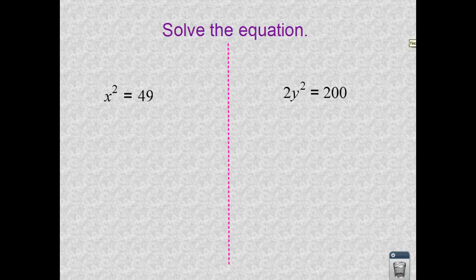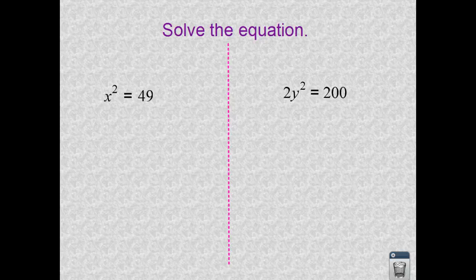All right, the last part on the next 2 screens, we're going to deal with solving equations that are involving squares. And think all the way back to when we were solving equations in 1 step or 2 steps using inverse operations. Well, this is also an equation that has an inverse operation, an opposite operation.